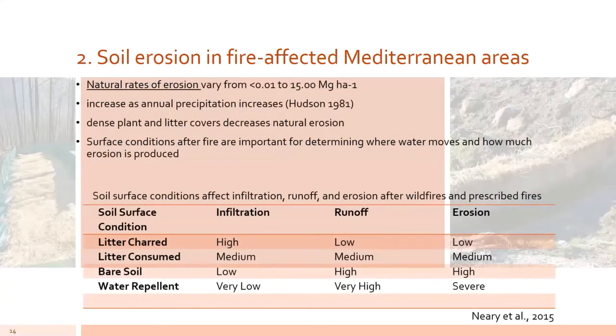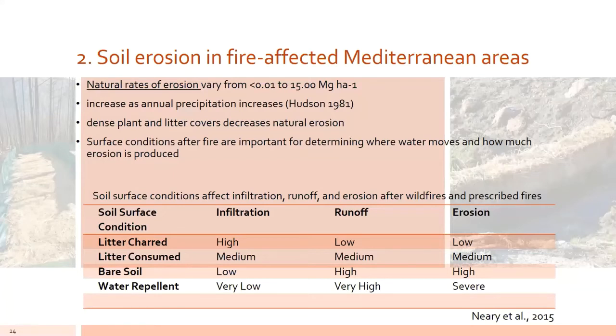Well, just some values to compare the rates of erosion in natural areas or areas affected by forest fires. In general terms, we can say that the natural rates of erosion vary from 0.01 to 15 tons per hectare.